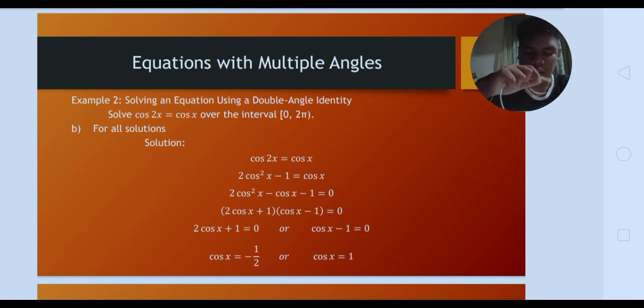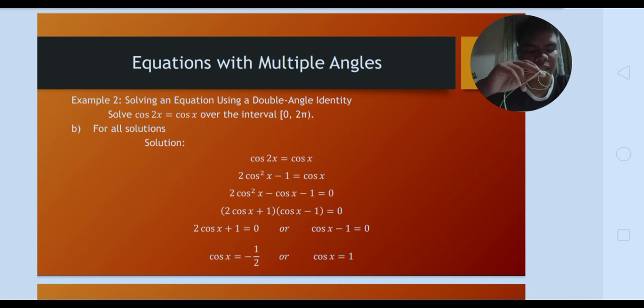And then 2 cos squared x minus cos x minus 1 equals 0. We just have to subtract cos x from both sides, and then factor it out. The result is 2 cos x plus 1 times cos x minus 1 equals 0.